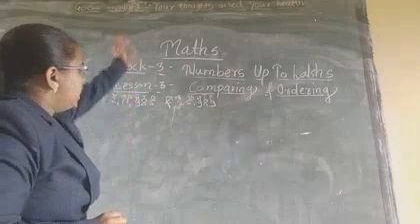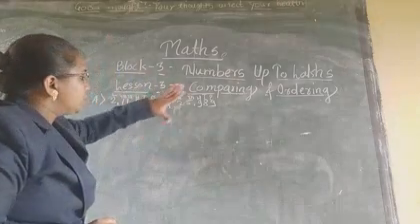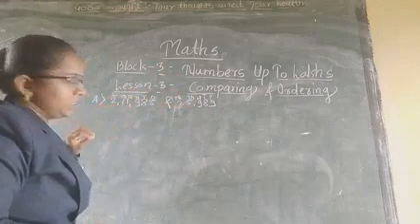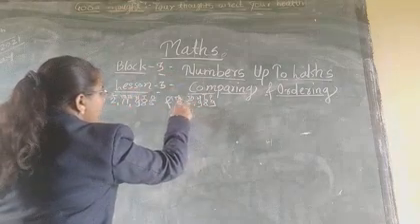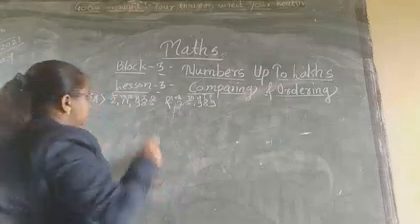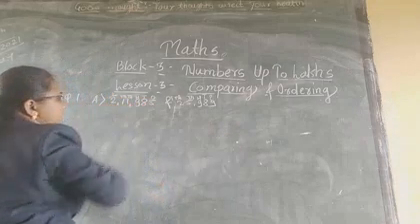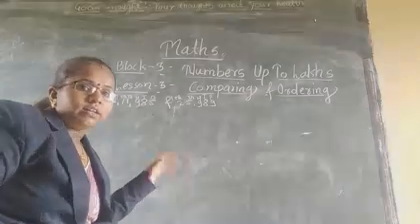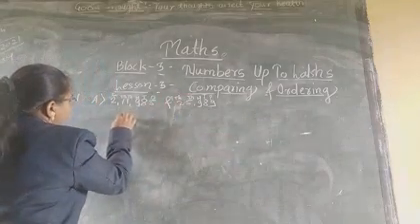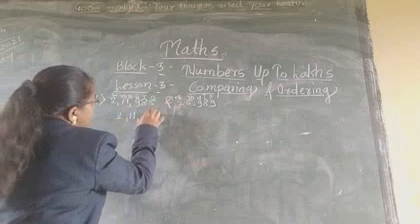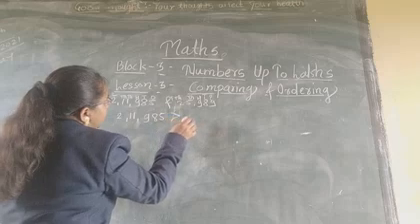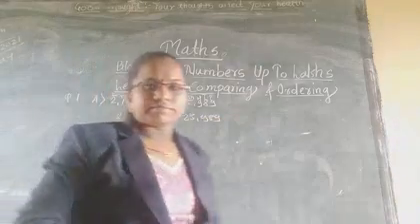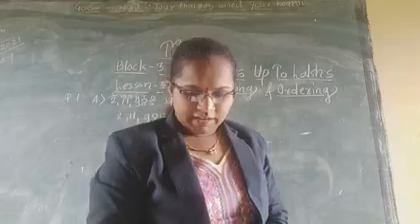These are 5-digit numbers, but these are 1, 2, 3, 4, 5, 6, 6-digit numbers. So the 6-digit number is greater than the 5-digit number. Therefore 2,11,985 is greater than 25,989. Understand?